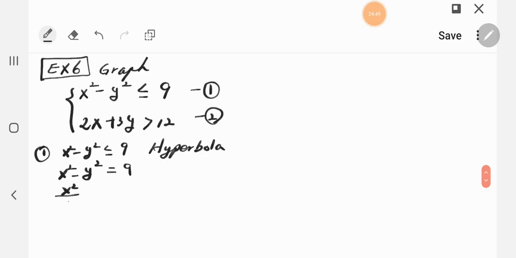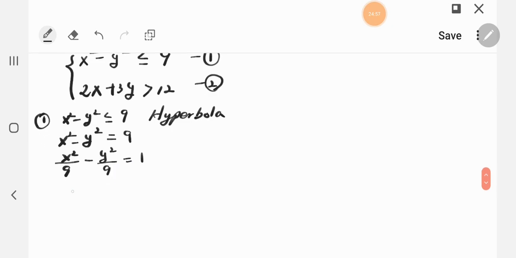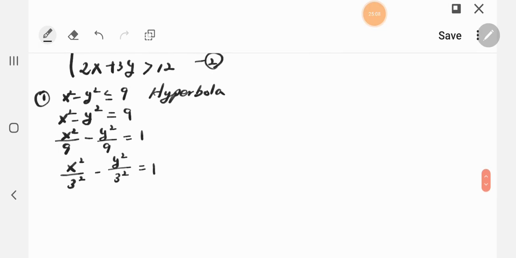Then this is x squared over 3 squared minus y squared over 3 squared equal to 1. So a is 3 and b is 3.